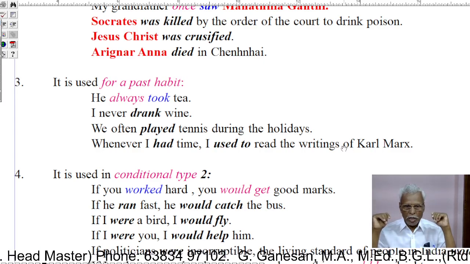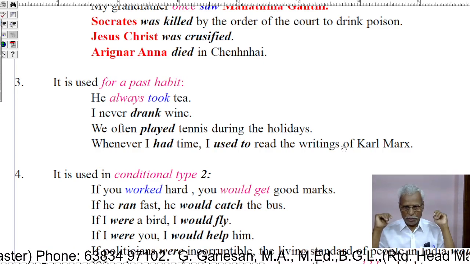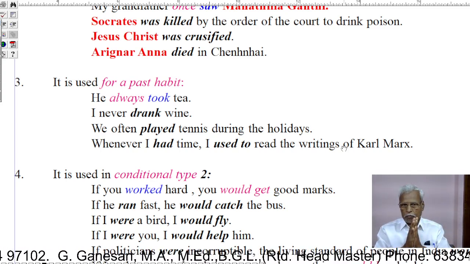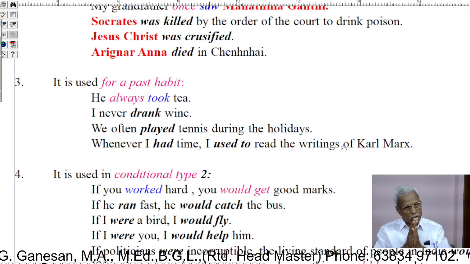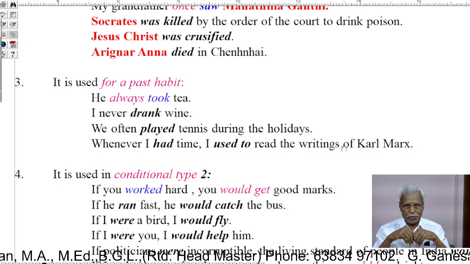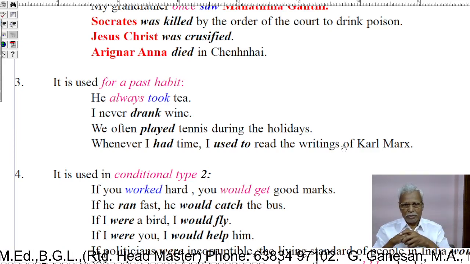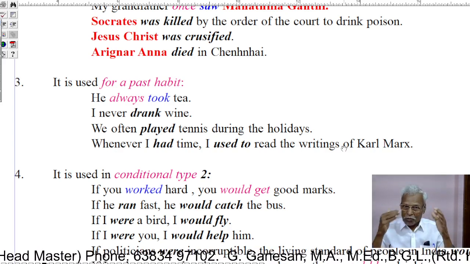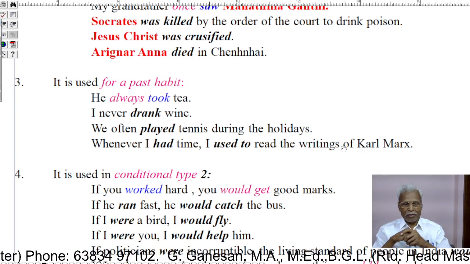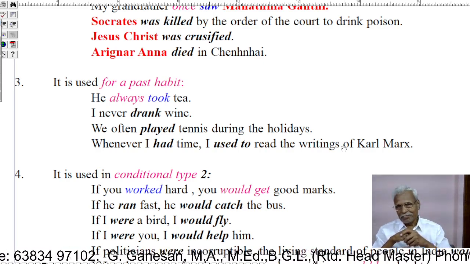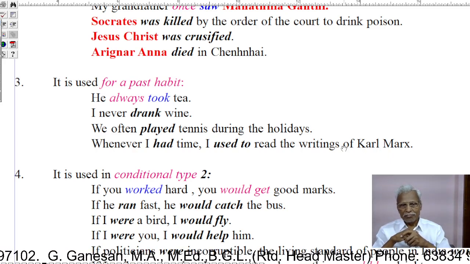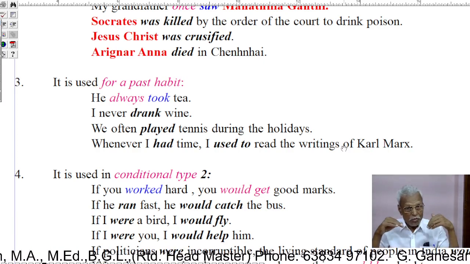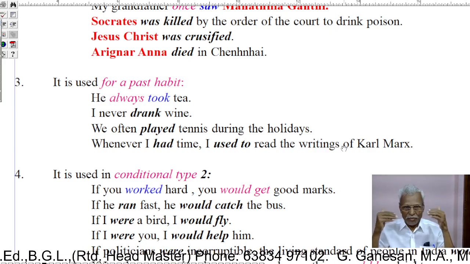In the past, whenever I had time, I used to read the writings of Karl Marx, the greatest social scientist of communism, of communal society, the greatest man, the greatest science of society, social science, his philosophy of human life.